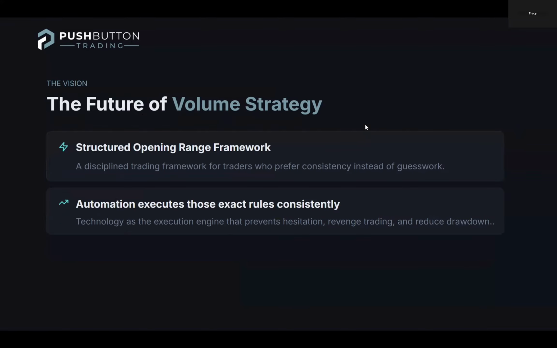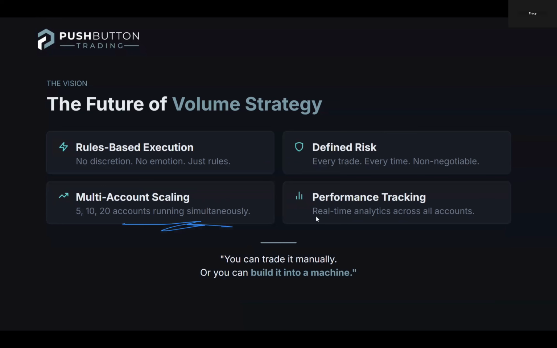So really, what we've built is a structured framework for people looking for consistency. We have some automation that executes the exact rules, and the technology is the execution engine, okay? And again, it's all rule-based.